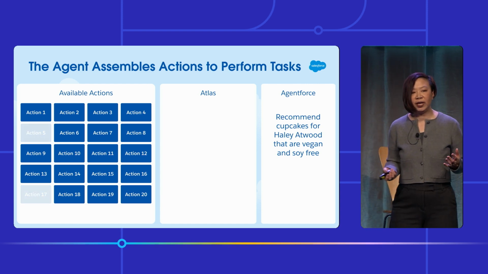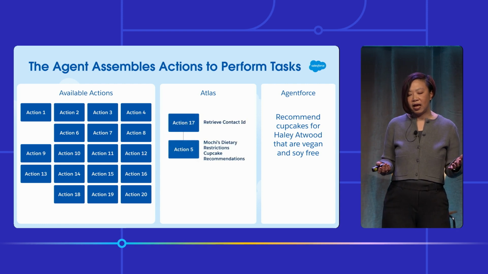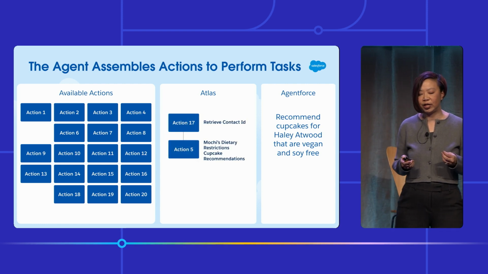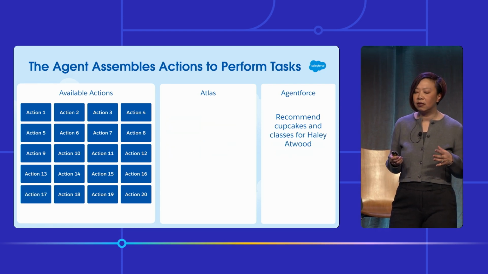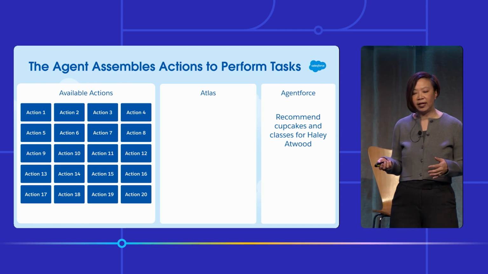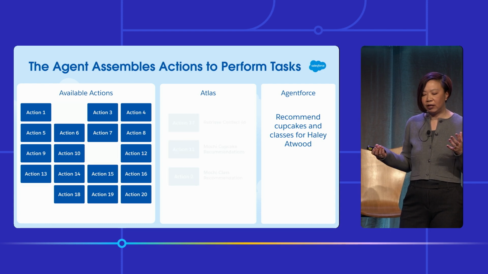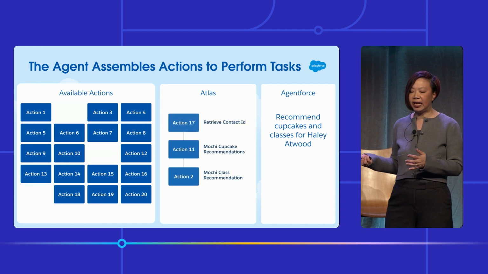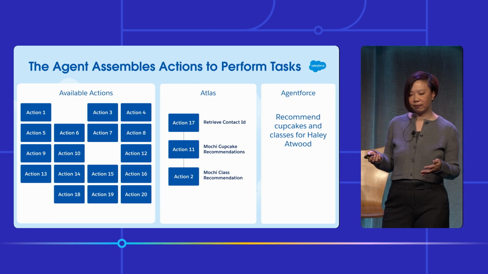The agent determined it needed 2 actions, 1 to retrieve a contact ID, and then another Mochi's dietary restriction cupcake orders. And then for our last utterance, recommend cupcakes and classes for Haley Atwood, the agent determined it needed 3 actions: retrieve contact ID, Mochi cupcake recommendations, and Mochi class recommendations.